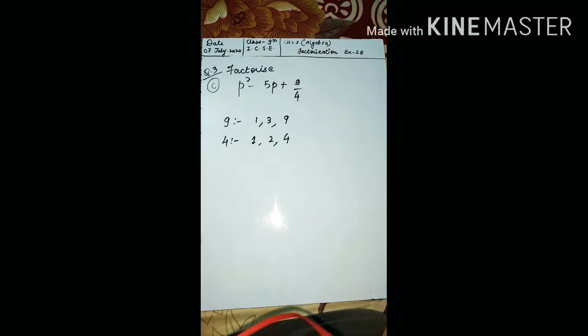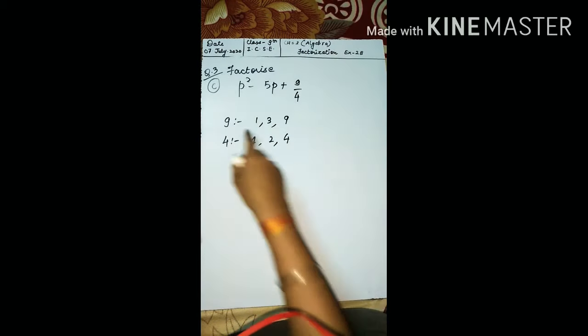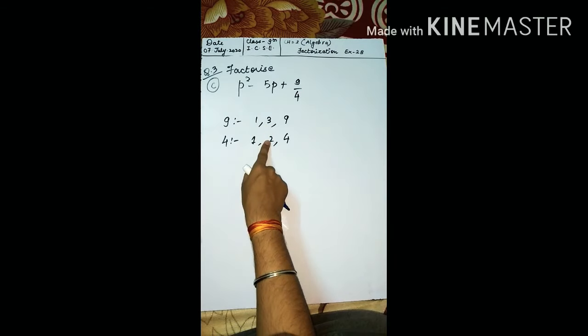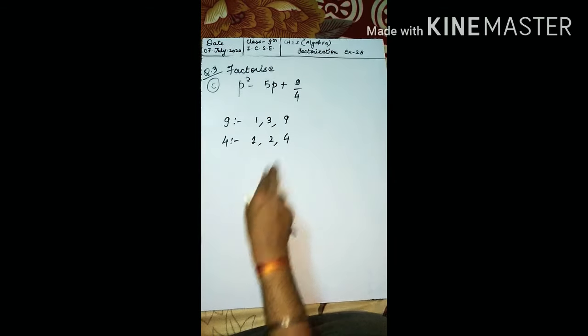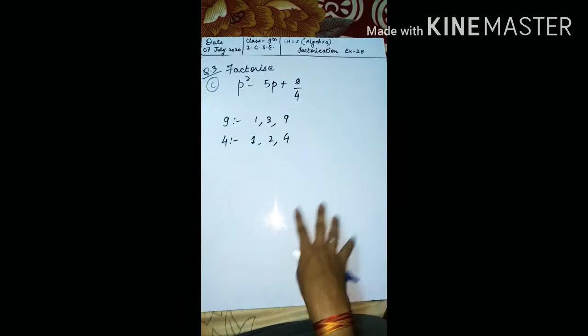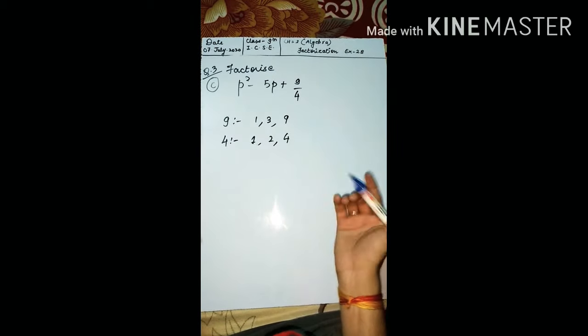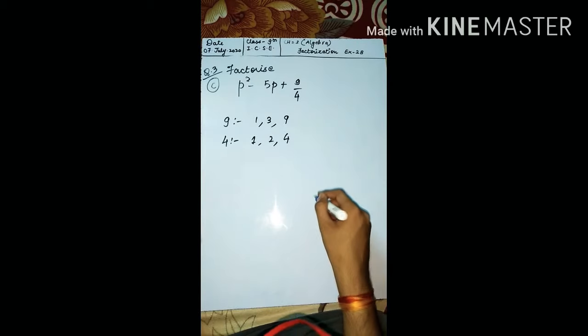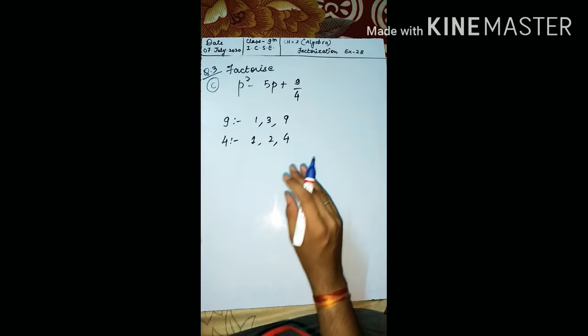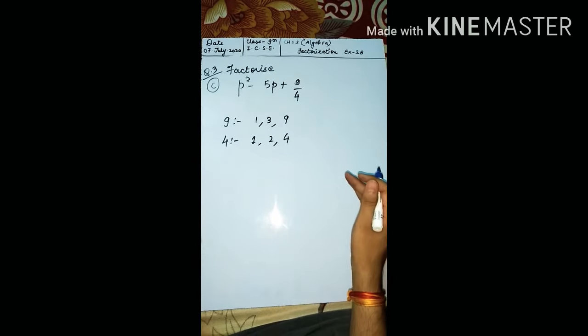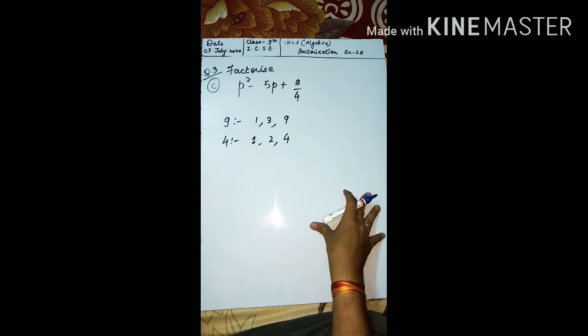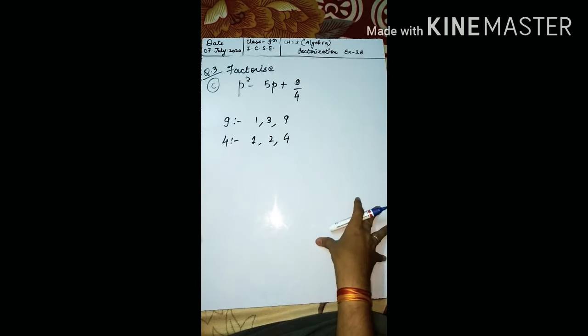Hit and trial method means take this one, this one, this one, this one, add it, multiply it. If you get 9 by 4, then go ahead. Otherwise stop there, take the next one, then solve it. If you get the answer, stop there. If you don't get it, then go for the next one. Similarly we have to do here also.